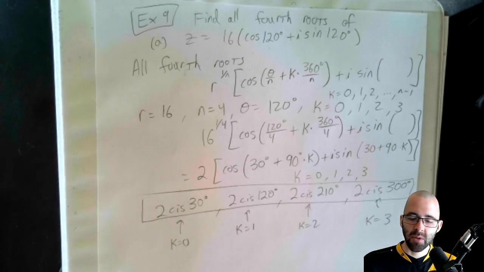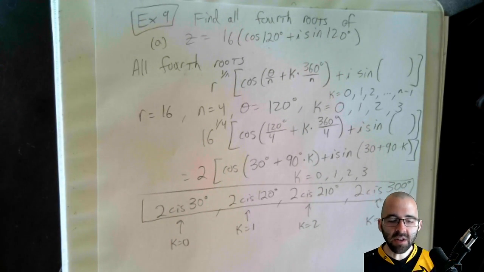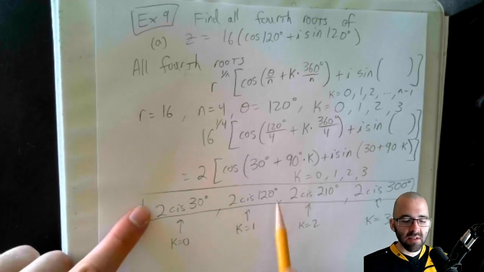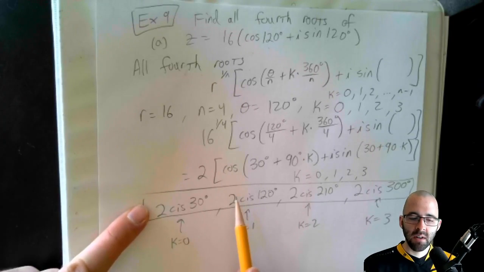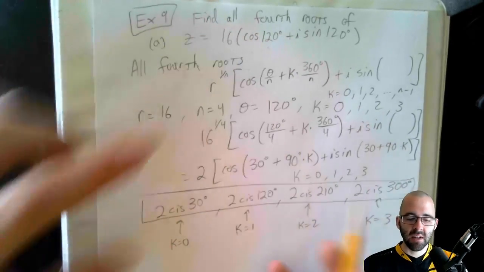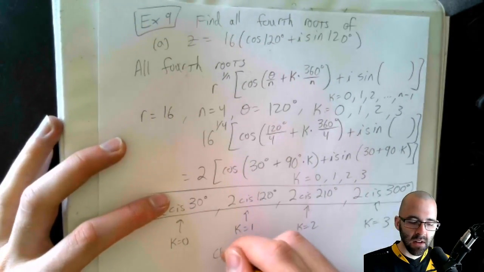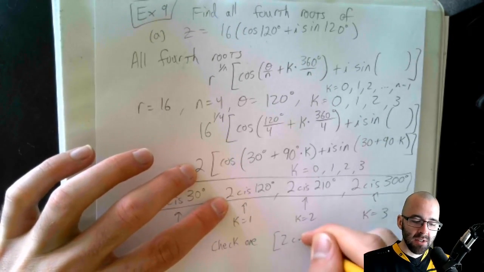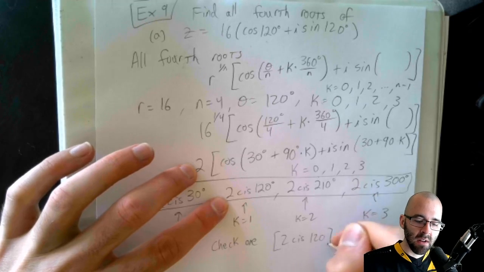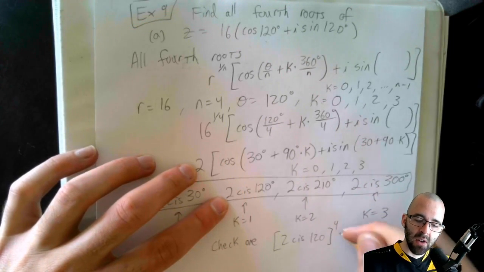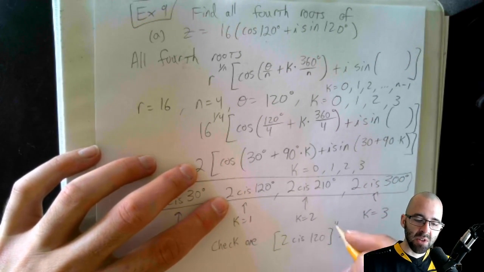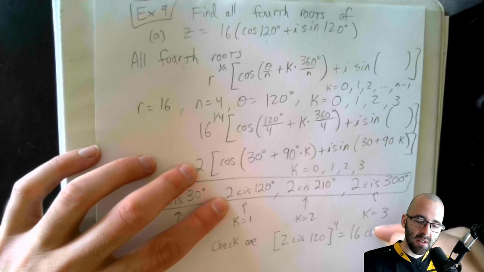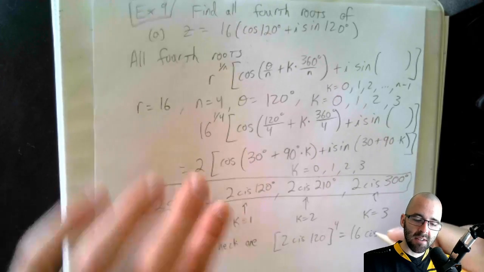So these are all the fourth roots. And you could check your answer if you wanted, right? If we raise all of these numbers to the fourth power, we should get our original thing. Let's just check 1. What is 2 cis 120 to the fourth power? Well, we use De Moivre's theorem, which says that it's going to be 2 to the fourth power, which is 16, times cis.